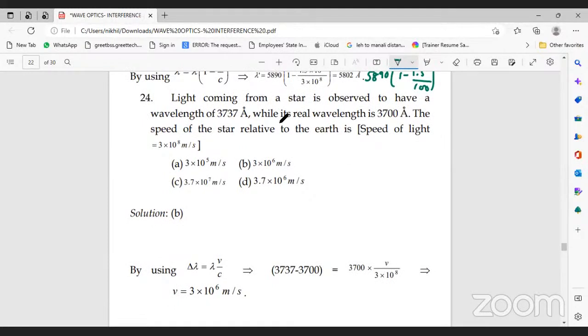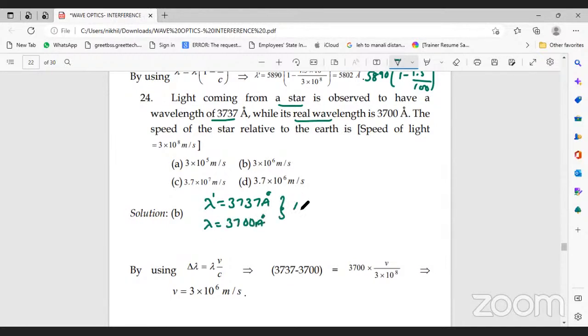In the same way, light is coming from the star, which is observed with wavelength lambda. How much? 3737 angstrom. Yes, sir. Actually, the real wavelength is 3700 angstrom.